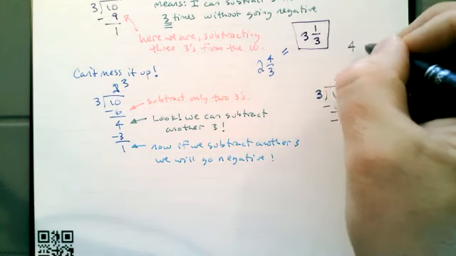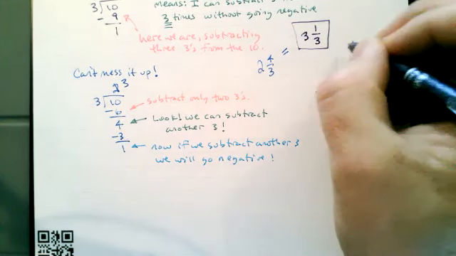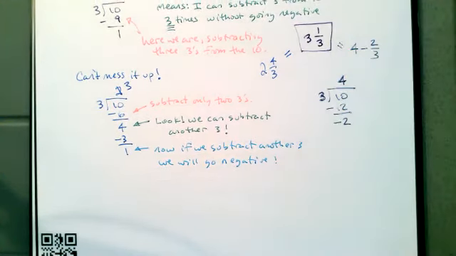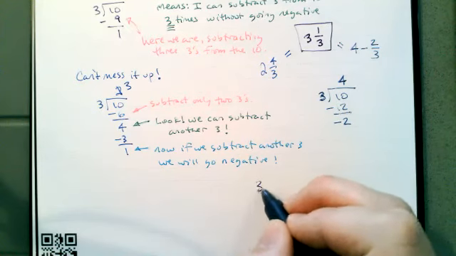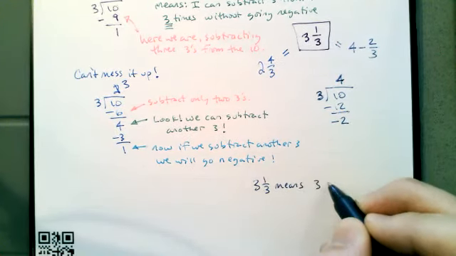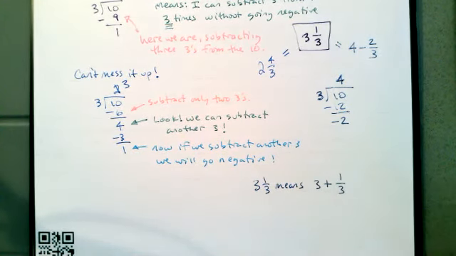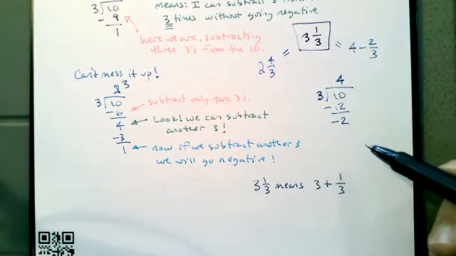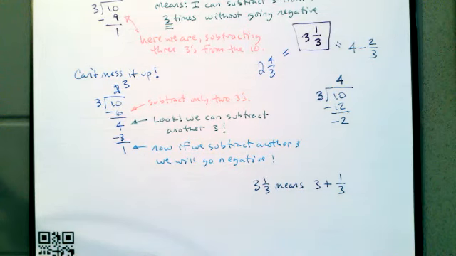Because the other thing that we have to remember about fractions is that 3 1/3 means 3 literally and 1/3. So if we have a negative remainder, that just means we're subtracting.